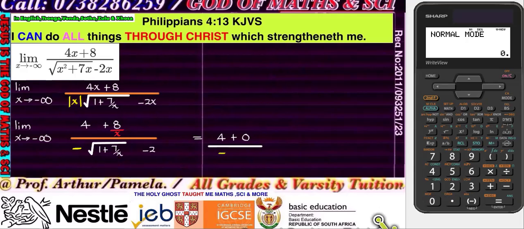You've got negative 1 minus 2. When you simplify that, you've got 4 over negative 3, which is negative 4/3. You got hold of it, right?